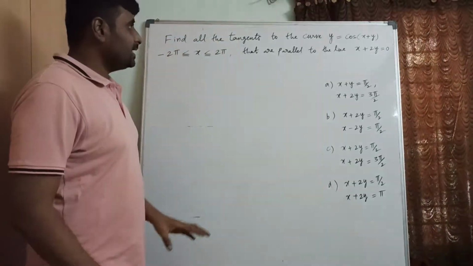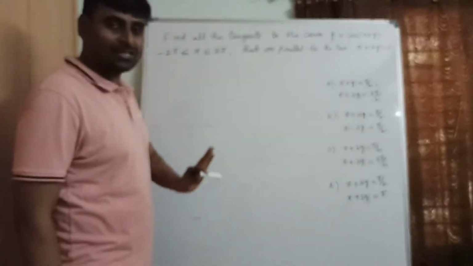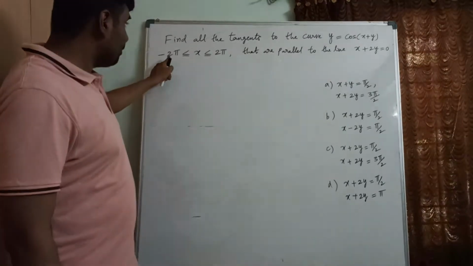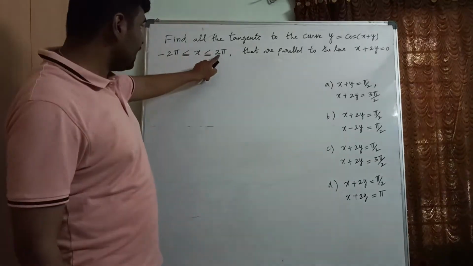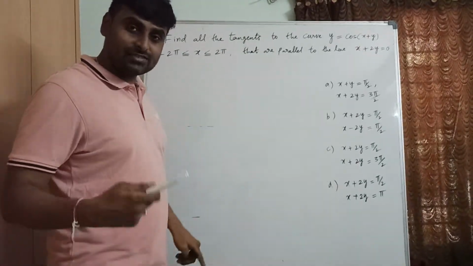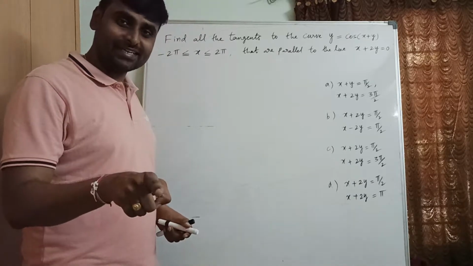Find all the tangents to the curve y equal to cos of x plus y, and x lies between minus 2 pi to plus 2 pi, right? Within this range only, we can find the x value. X value means the x coordinate of the required point of contact, correct?